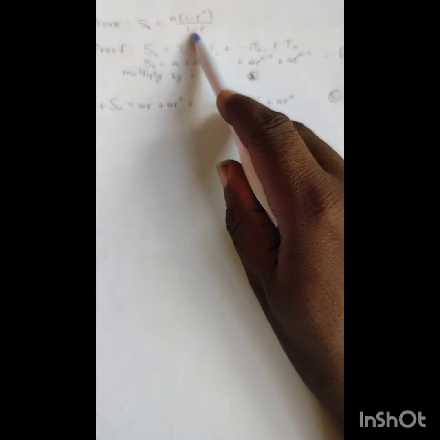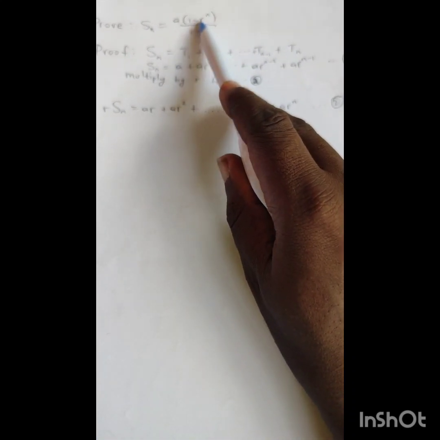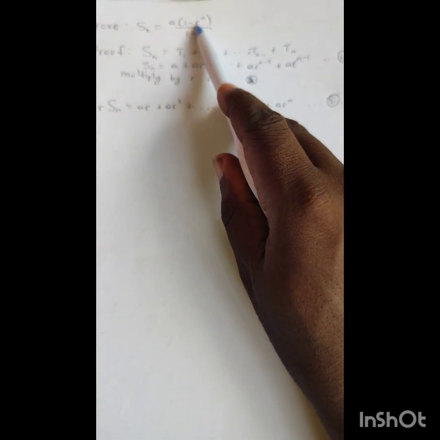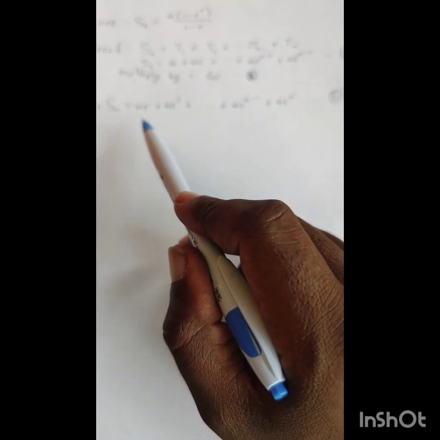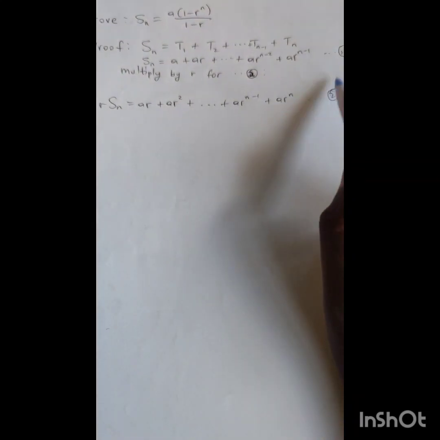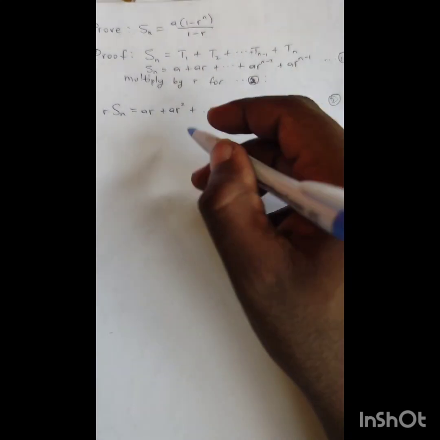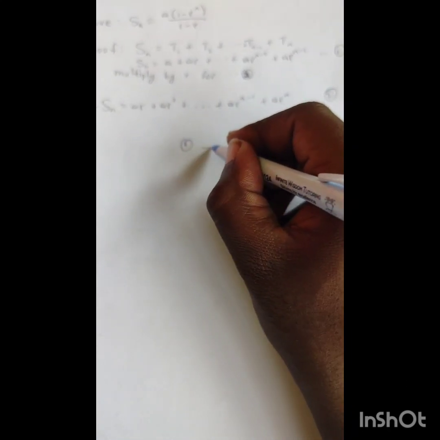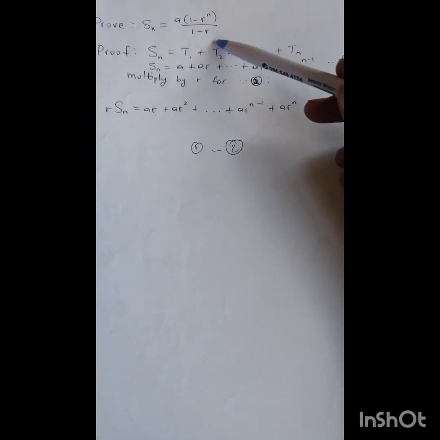Then to obtain the equation that says 1 minus R, we are going to play around equation 2 and 1. So for example, if I say equation 1 minus equation 2, it is possible that it will give me R minus n instead of 1 minus R. And then when I interchange, it will give me the other one.